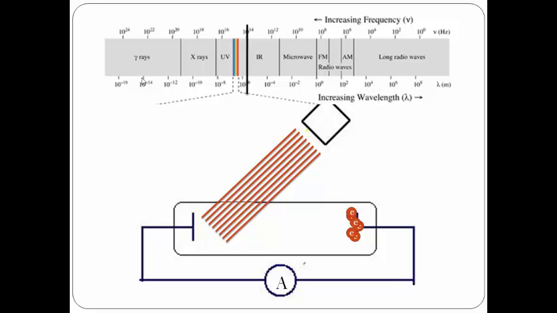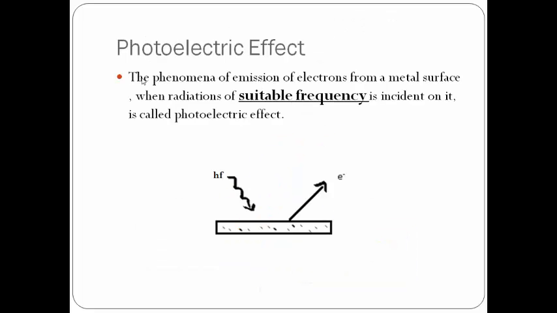So based on that, the photoelectric effect can be defined as the phenomenon of emission of electrons from a metal surface when radiation of suitable frequency is incident on it. So let us say you have the incident light having the energy hf.